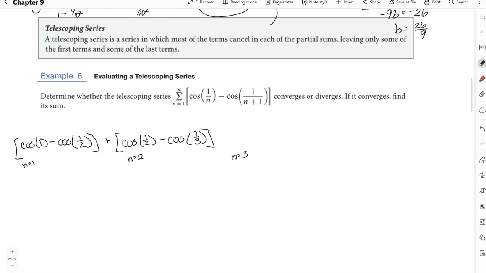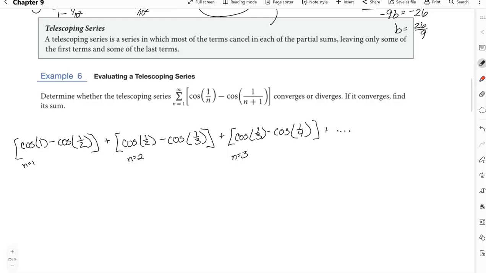And then I'm going to plug in 3. So this is going to be cosine of a third minus cosine of a fourth. If we look at these, you can see how those cosines of a half, cosines of a third are canceling, cosines of a fourth, and so on.